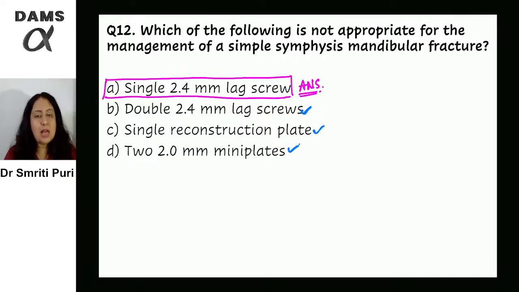But a single lag screw will not be able to counteract the torsional forces here at the symphysis region. You will require 2 lag screws to counteract the torsional forces. Okay, so I hope that doubt is clear, Sujay. I have another doubt from HS.